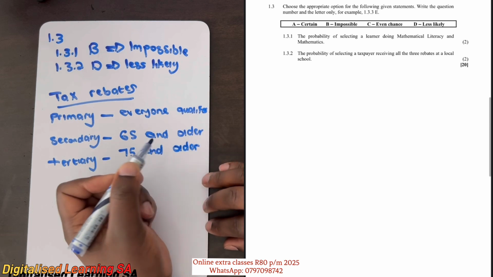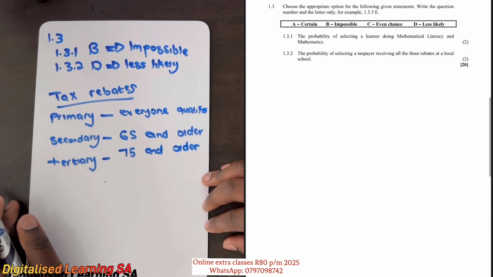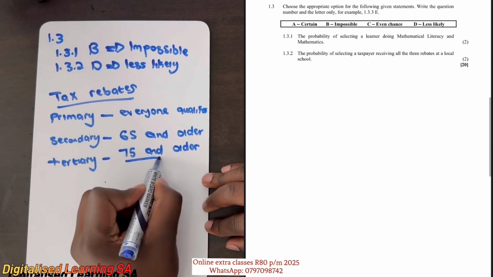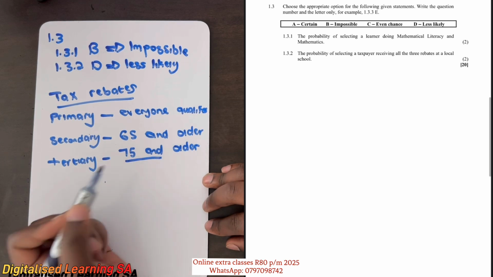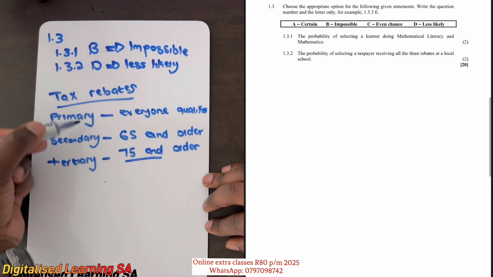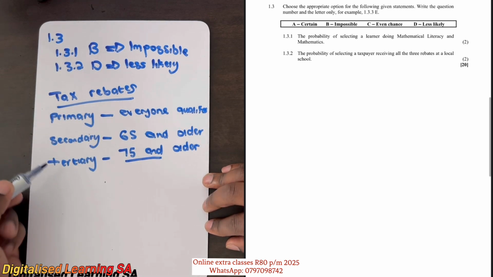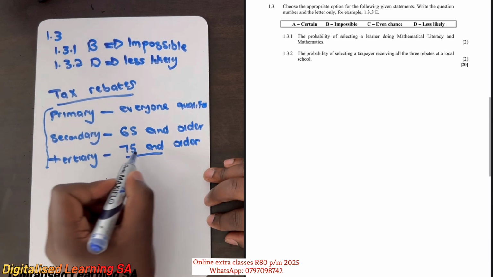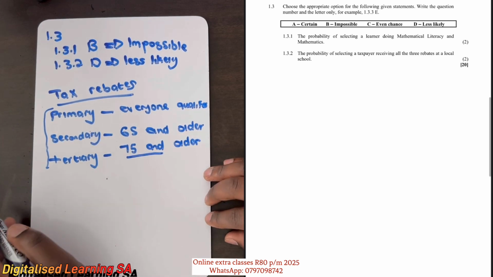So in this case, we are told the probability of selecting a taxpayer receiving all 3 rebates. By all 3, they mean that this person needs to be 75 years and older to qualify for all 3.